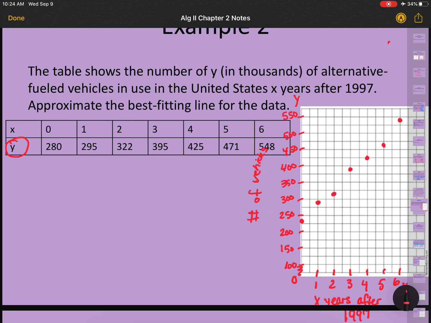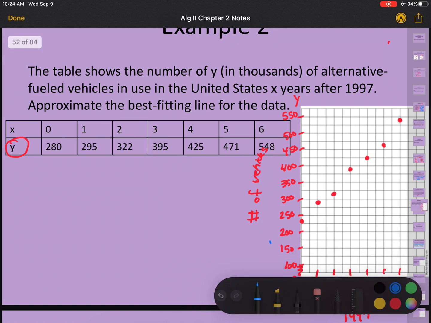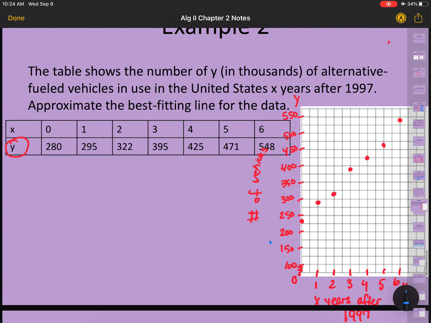All right, so here's our scatter plot. We can already tell it's going positively, from left to right. It's got a positive slope. So now I need to try to draw a best fitting line. And I promise you, it's definitely not going to be the most accurate there is. So what I'm going to do is try to sketch it out.